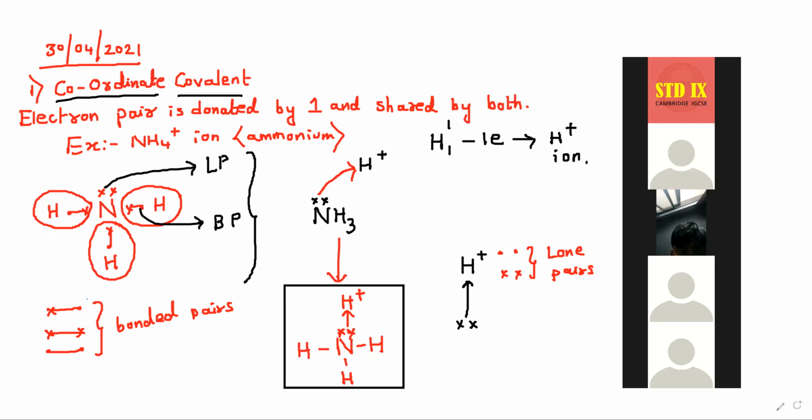So the next page. Whenever you see a coordinate covalent bond, how will you understand?